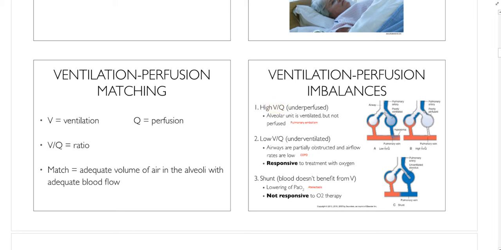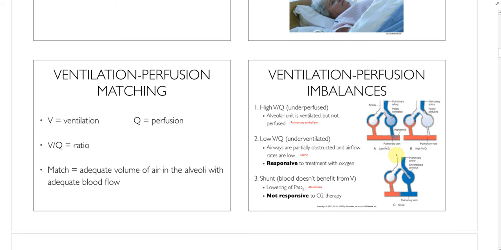Or on the other end of the spectrum, if the ventilations are normal, but we don't have enough perfusion, that could indicate potentially a pulmonary embolism. So we have our pulmonary vein here, which leads up to capillaries. These right here are our airways and alveoli.